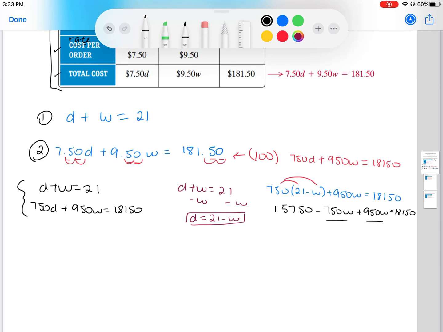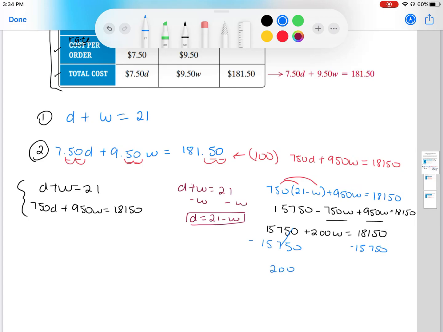Let's combine like terms. 950 minus 750, that's 200. So we're left with 15,750 plus 200W equals 18150. Let's get W by itself. So minus 15,750 from both sides.